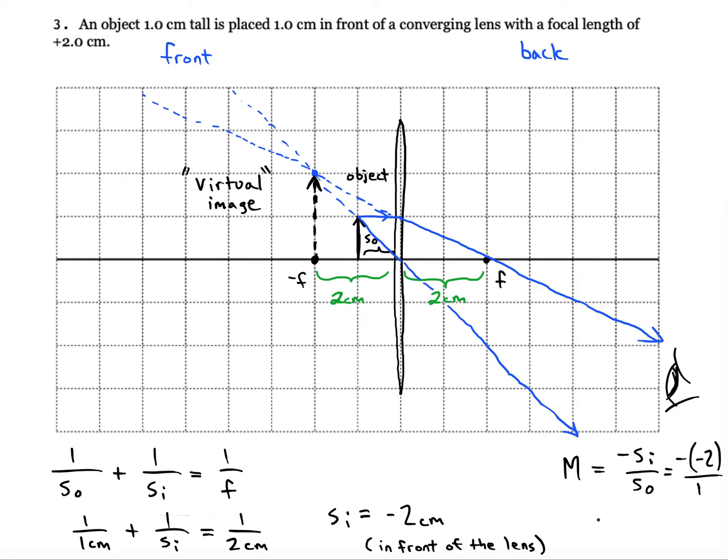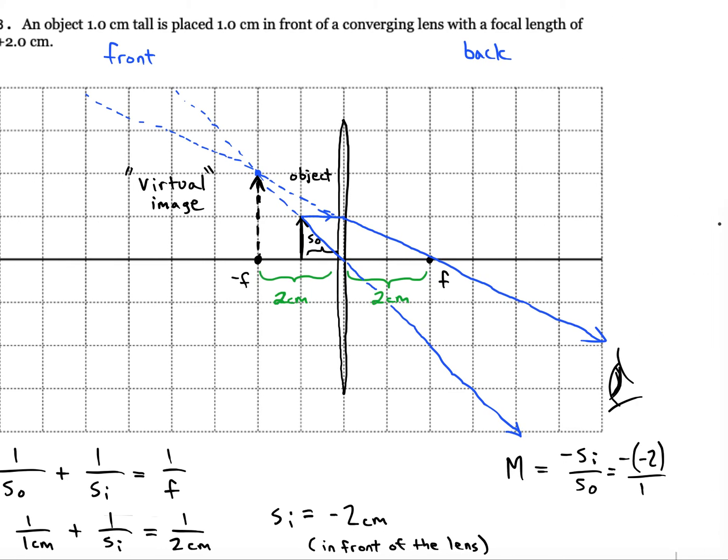It looks like our magnification is going to be 2. I had to put in an image distance that was negative, but there's also a negative in the formula. So our magnification is 2. That means that our final image is going to be upright.